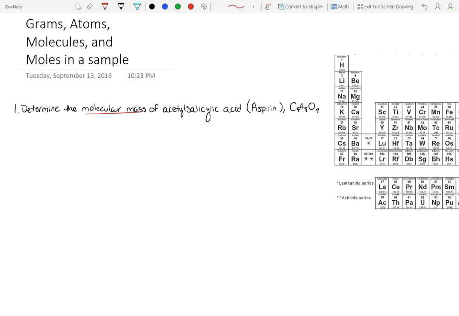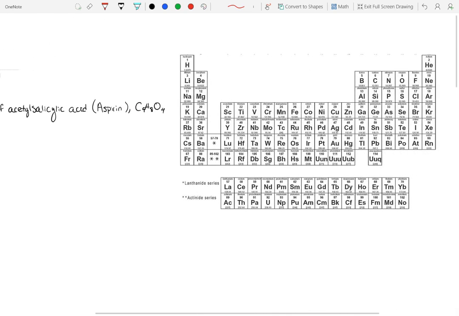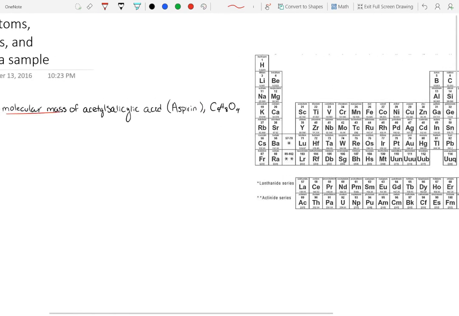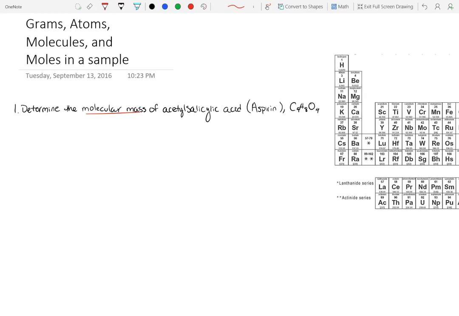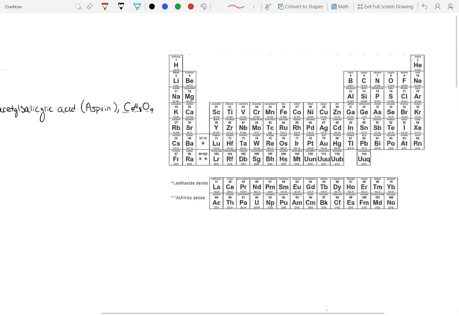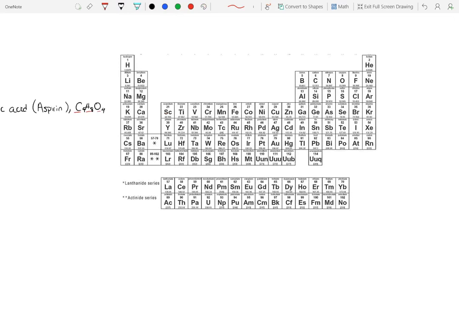Okay? So in order to do that, we need to look at the periodic table, which I have over here to the right. And the first thing you need to do is write down what elements you have. So we have carbon, hydrogen, and oxygen, right? So let's go ahead and write carbon, hydrogen, and oxygen. So let's look at the periodic table.